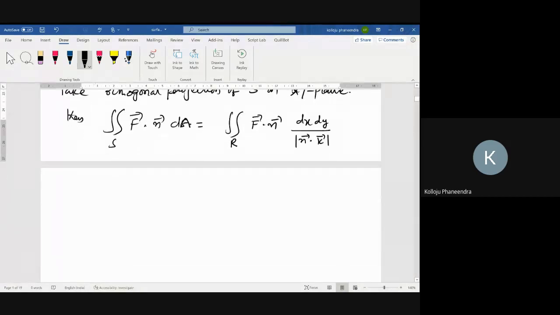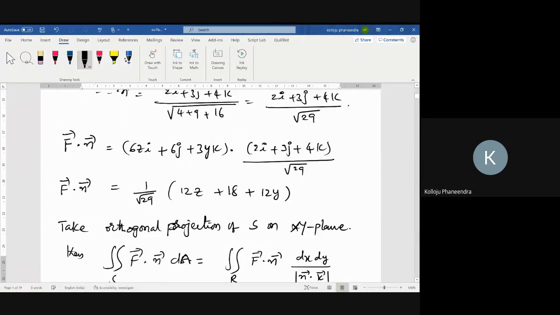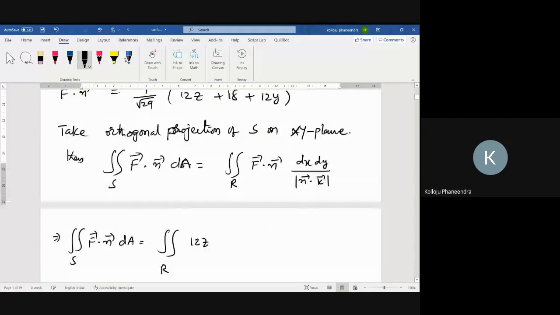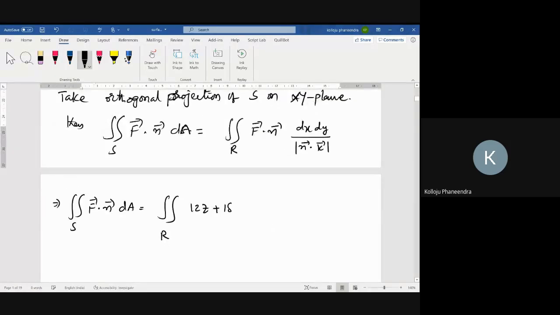Okay, so what happens now? Double integral over S of f bar dot n bar dS is equal to double integral over R of f bar dot n bar, already calculated. That is 1 by root 29 outside, (12z plus 18 plus 12y) dx dy by n bar dot k bar.